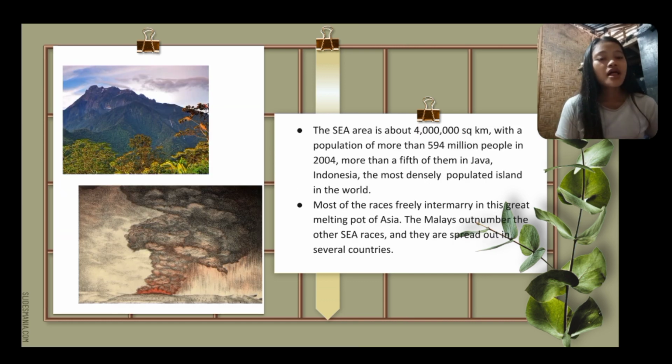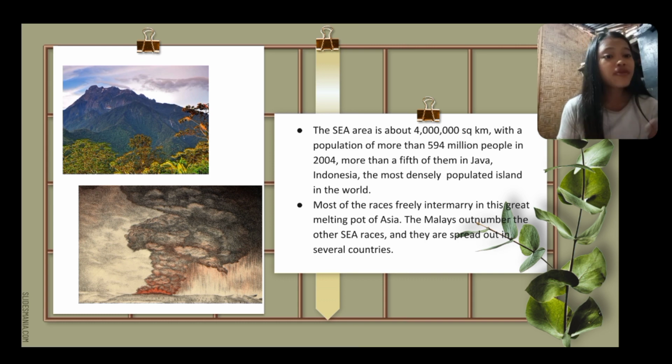Southeast Asia is about 4 million square kilometers with a population of more than 94 million people in 2004. More than a fifth of them live in Java, Indonesia, the most densely populated island in the world. Most of the races freely intermarry in this great melting pot of Asia.